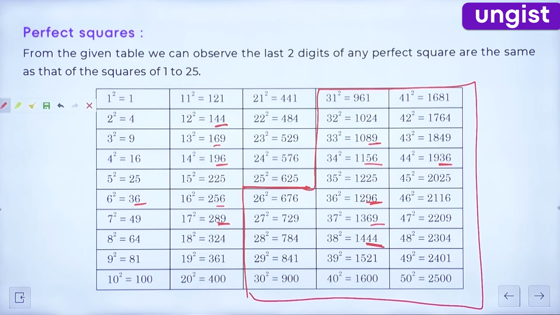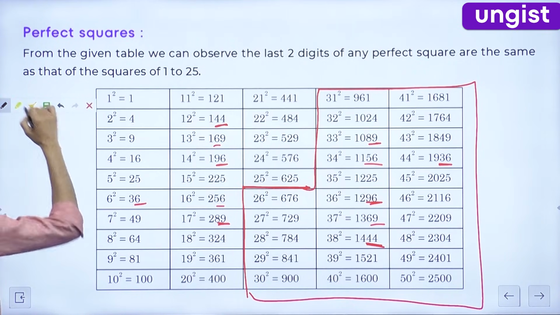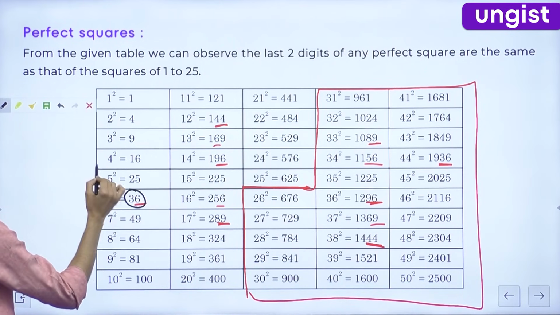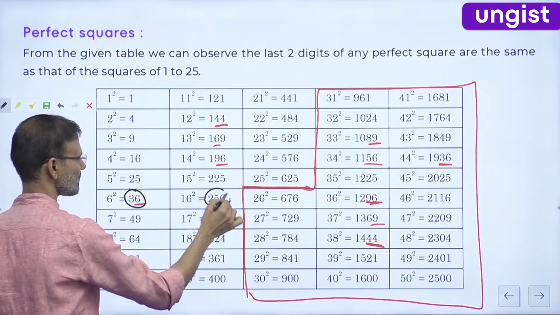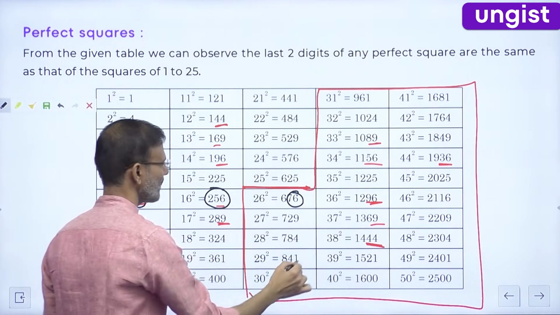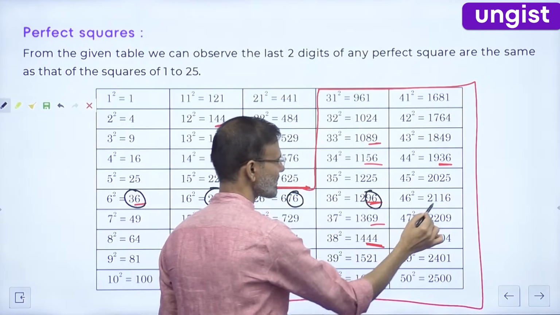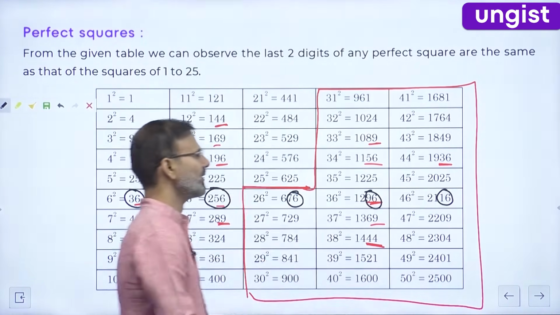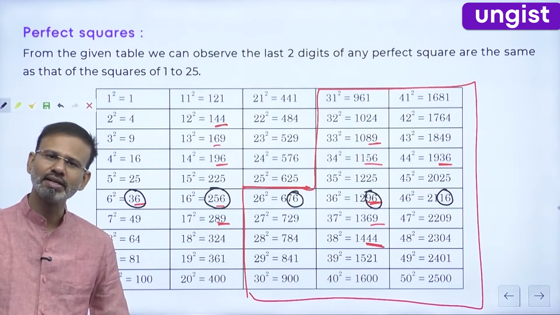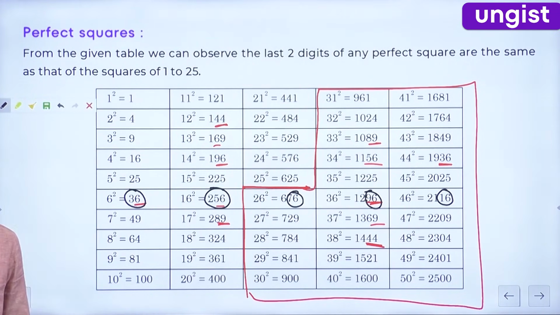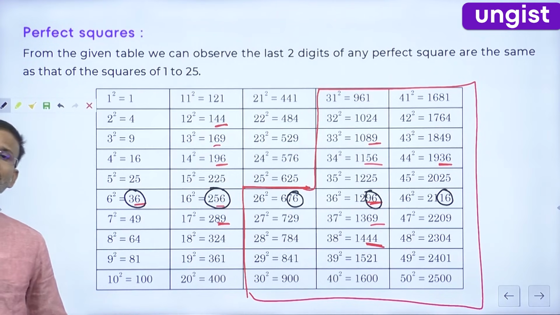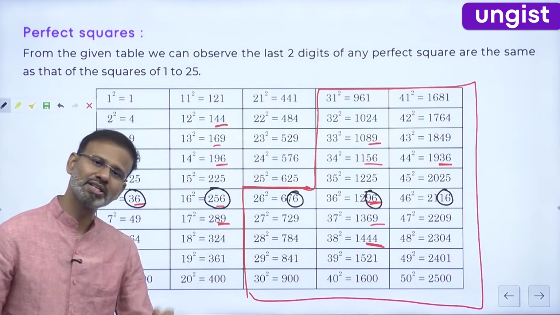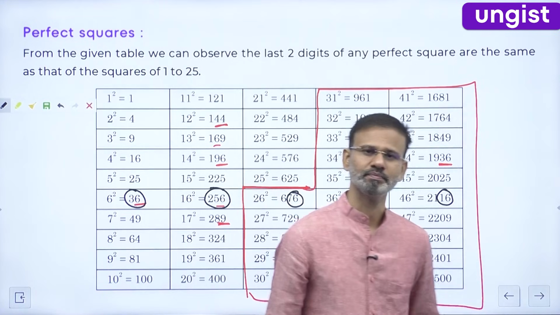You observe one thing, a very interesting thing, everybody. In case of 6, if a perfect square is ending with 6, then the tens place digit will be odd always.